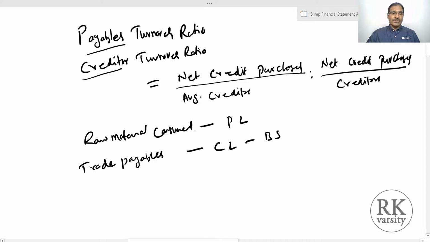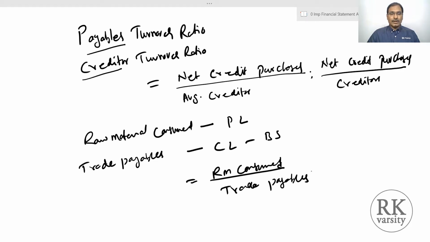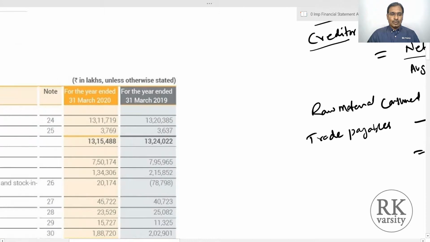So that is the reason why I thought it is more appropriate to use the payables turnover ratio. In that case, we'll have raw materials consumed upon trade payables. So we'll calculate the payables turnover ratio using two companies' data.